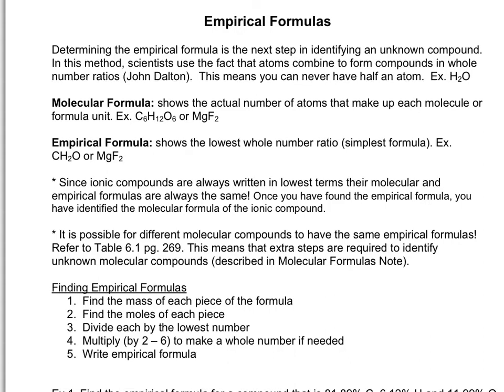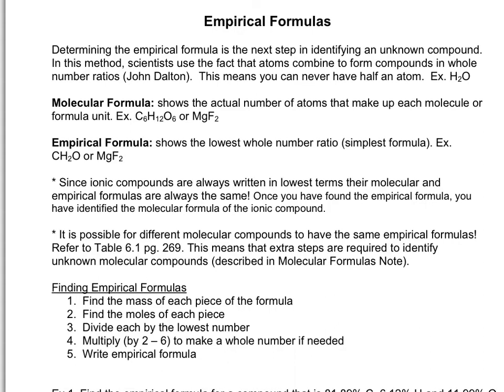Some terminology differences. The molecular formula is defined as showing the actual number of atoms that make up each molecule or formula unit for the compound. For example, glucose, a common sugar, is C6H12O6, or magnesium fluoride is MgF2.